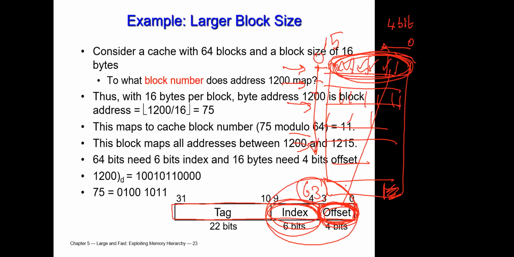The rest will be the tag. Anything here, the rest will be the tag to differentiate between students who are sharing the same exact spots in my cache. Because these will be the parking spots available. So I can have a garage that is actually 64 floors. And in each floor, I have 16 spots or 16 free spots for cars.